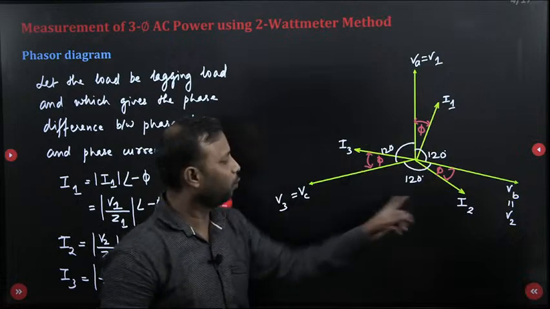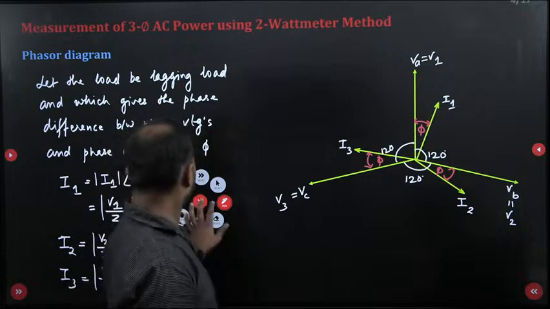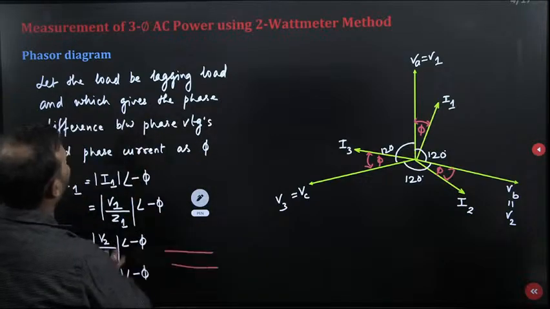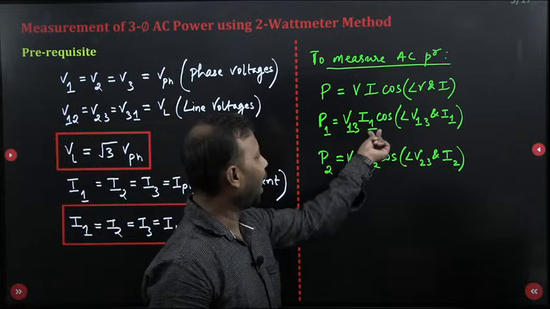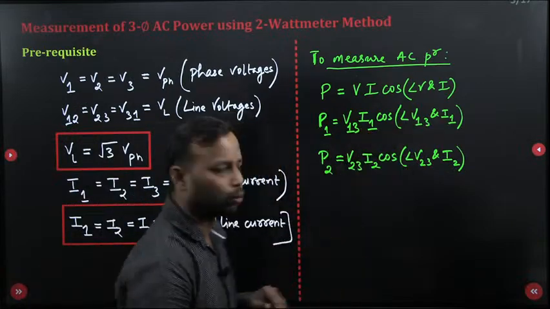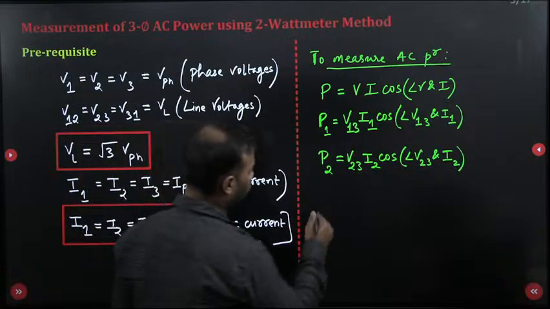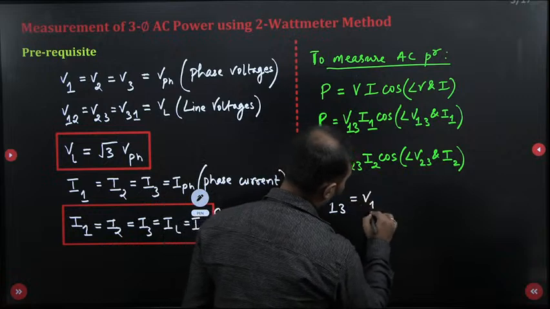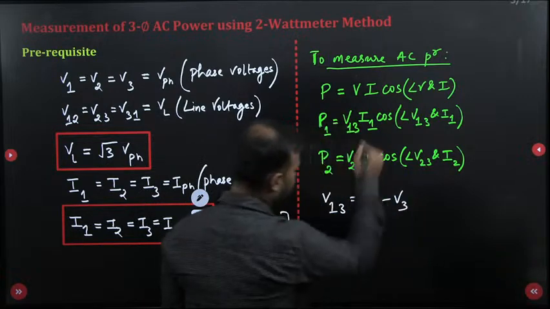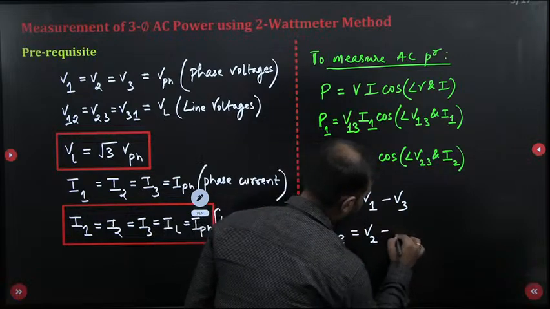So V1, V2, V3 are all what? Respective phase voltages. Now, my dear friend, my task is to calculate V13, I1 and the angle between those two. So what is V13 here? V13 is V1 minus V3. Similarly, what is V23? V23 is V2 minus V3.